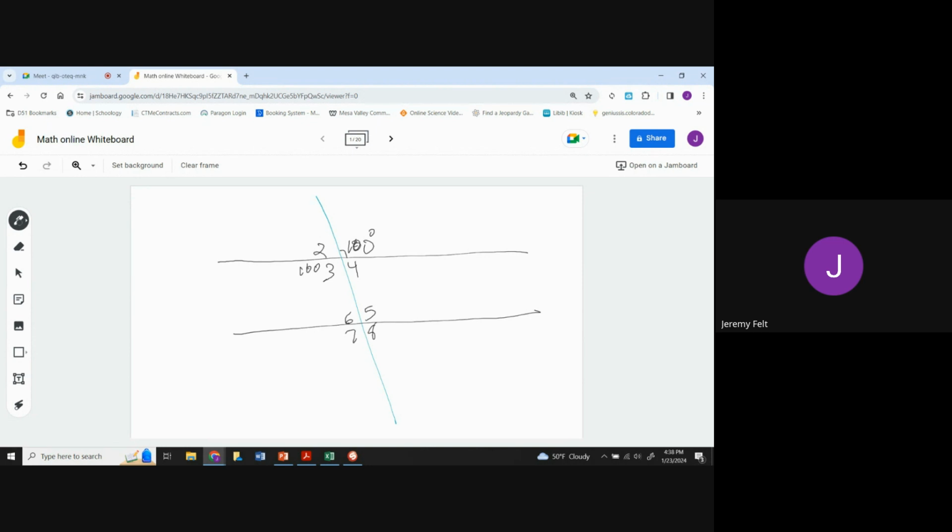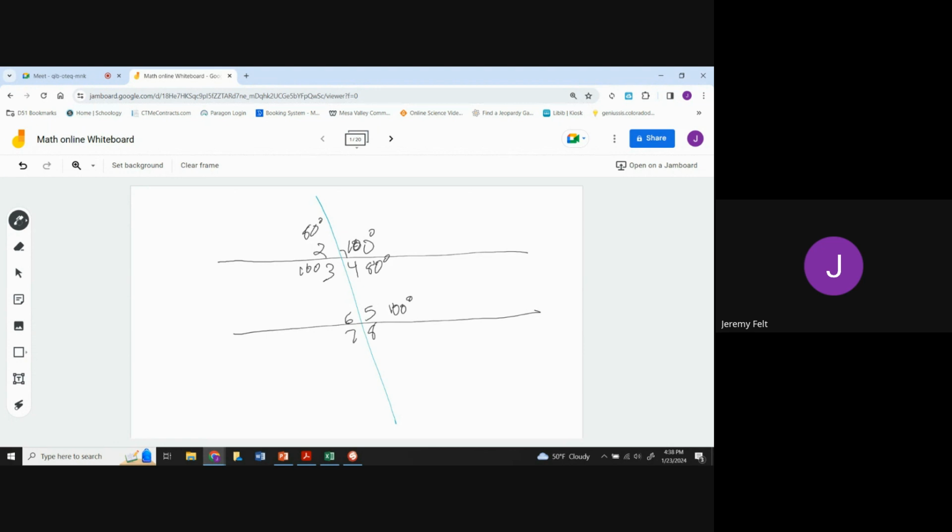I know angle 2 is supplementary because it's got to add up to 180, so this one's got to be 80 degrees. Then this forms a straight line going this way as well, so this also has to be supplementary. And then I can also use this angle and all these other ones to help me fill in down here. So corresponding, this one from the intersection is up and to the right. 5 is up and to the right, so it also has to be 100 degrees.